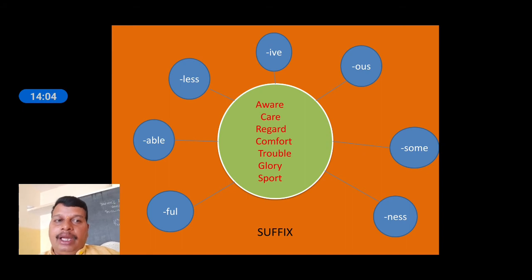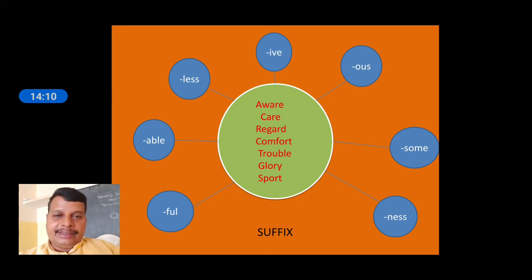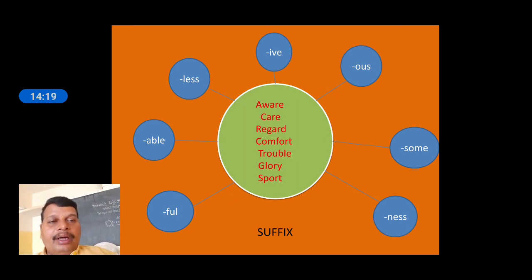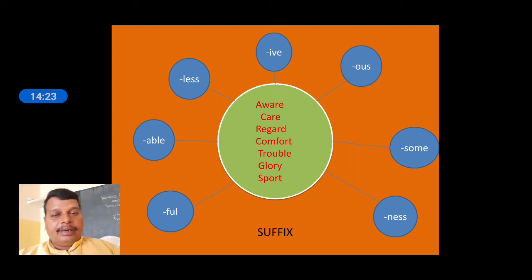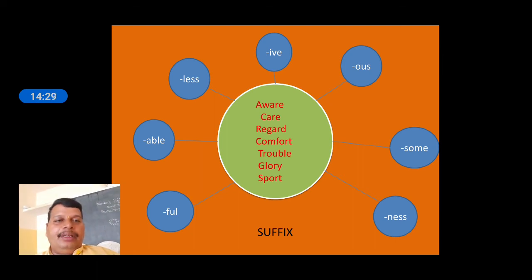For example, aware, awareness. Then care, careful. Regard, regardless. Comfort, comfortable. Trouble, troublesome. Then glory, glorious.